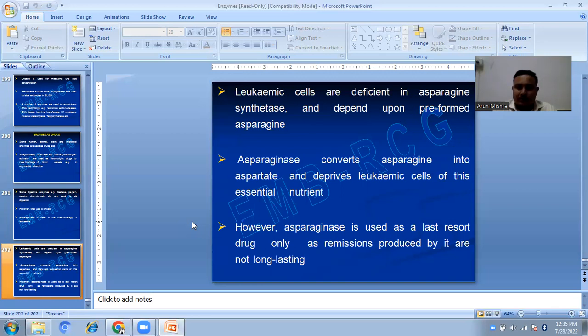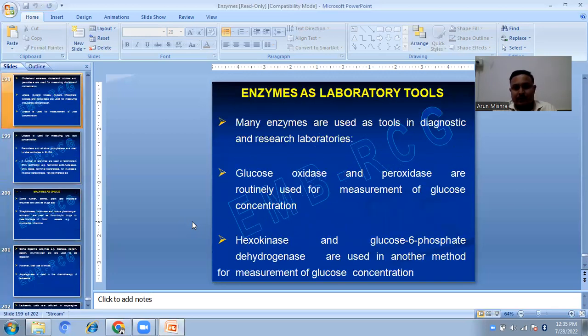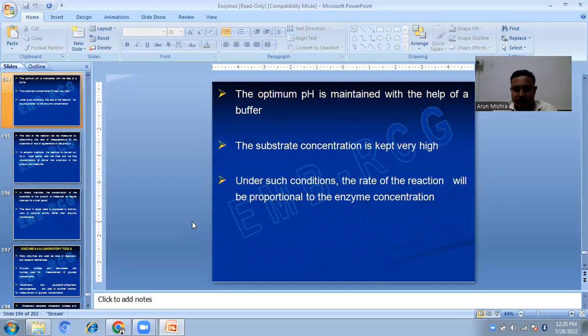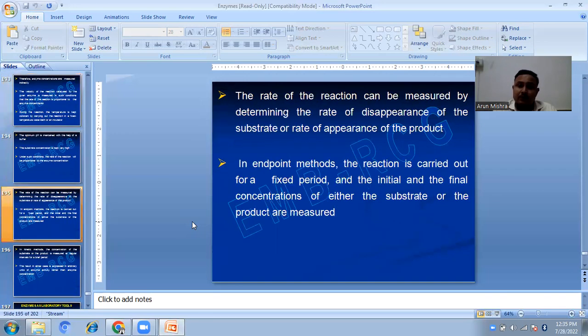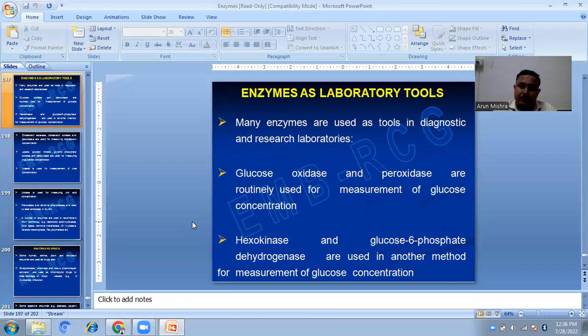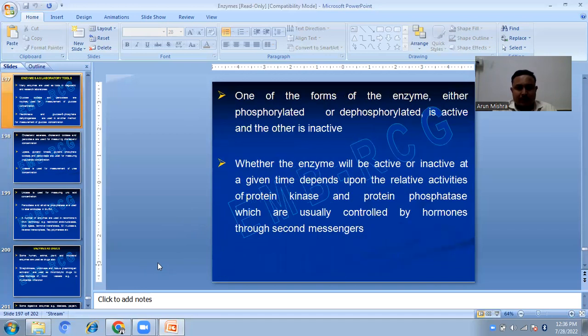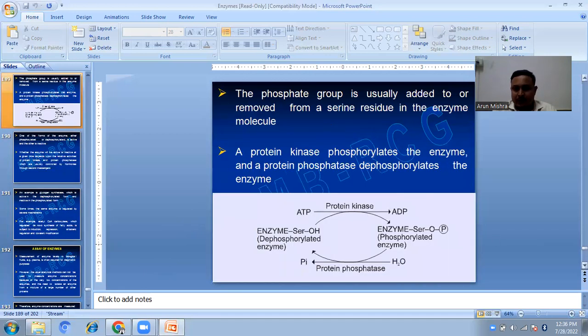So to summarize, we can say certain enzymes are used as laboratory tools, they are used in assays, they are used as drugs, and obviously they are used as different markers for different disorders like liver markers, cardiac markers, etc. To summarize enzymes, we can say that enzymes are of great importance.